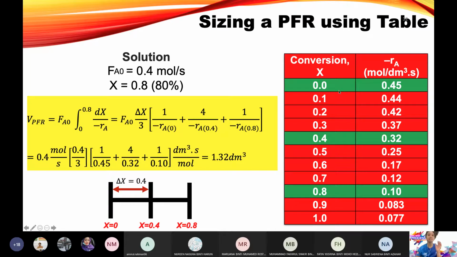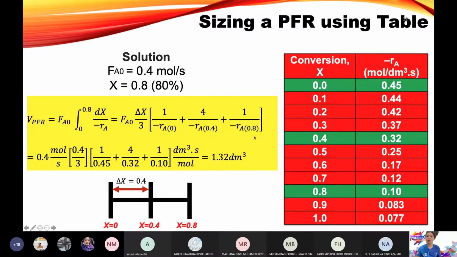So when my X is 0, my minus RA is 0.45. Next, plus 4 per minus RA when my X is 0.4. Remember, the 4 is not a value from the table, it is only to show the value of minus RA when my X is 0.4. So from the table, when my X is 0.4, my minus RA is 0.32.